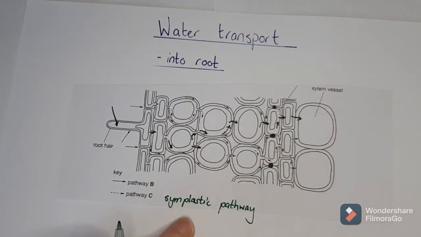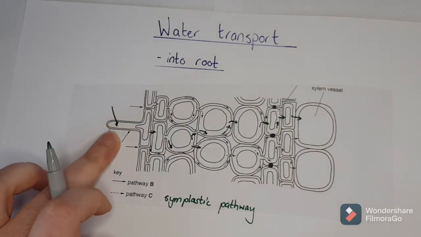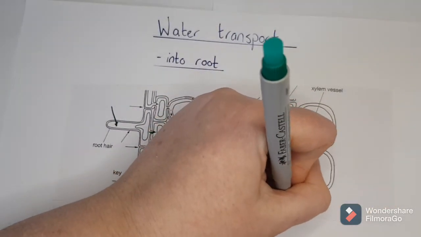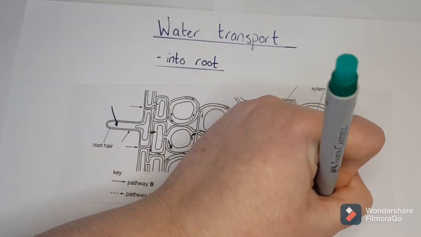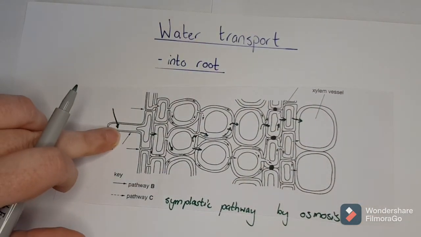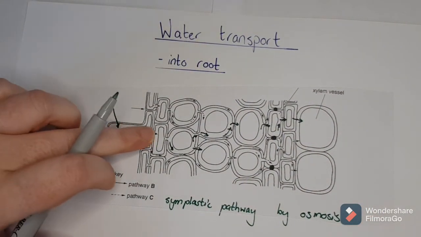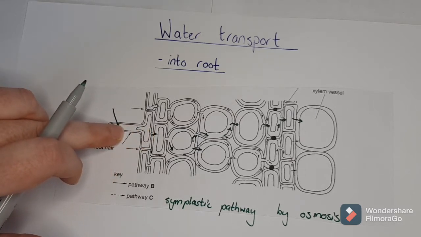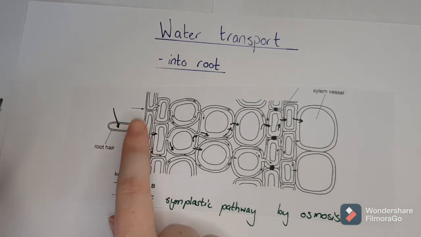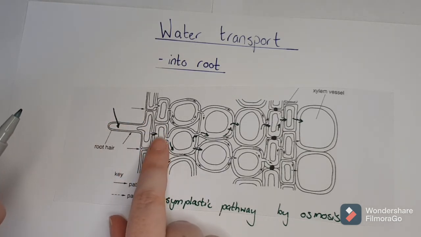Now the symplastic pathway moves in and through from cell to cell by osmosis. So we have water moving in, and because there's a whole bunch of water now in there, it increases the water potential. So the water potential is higher in that cell than it is in that one.